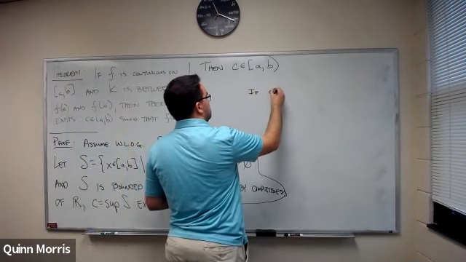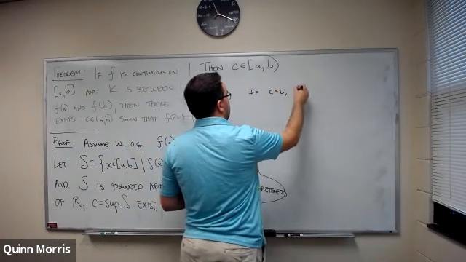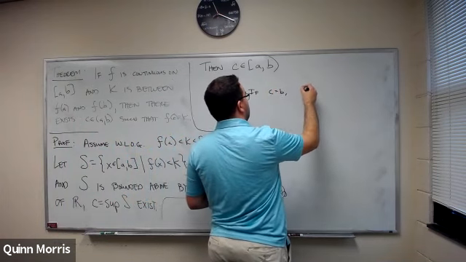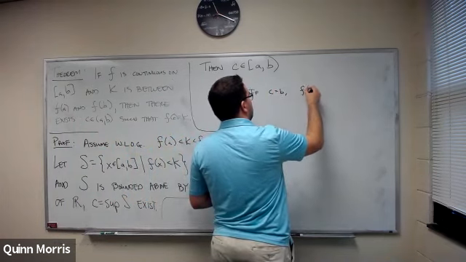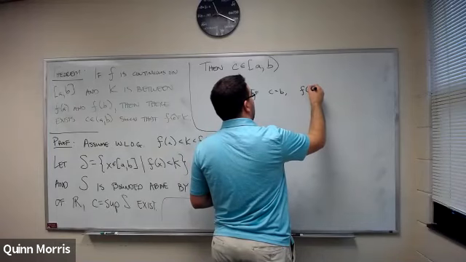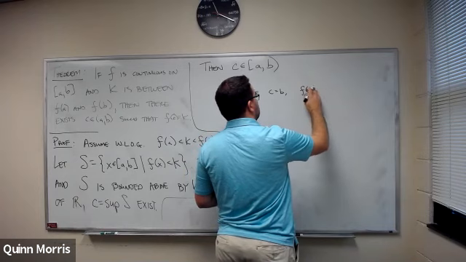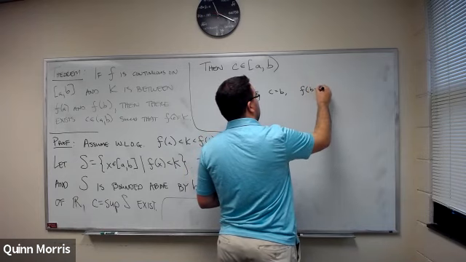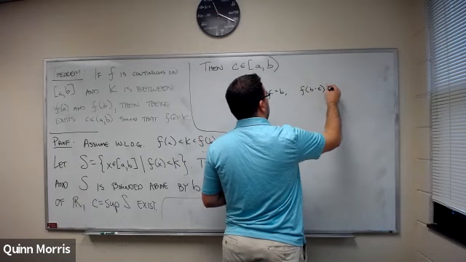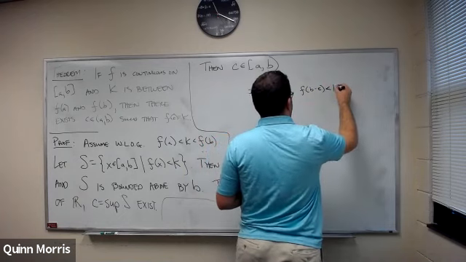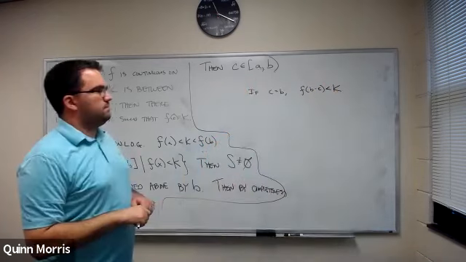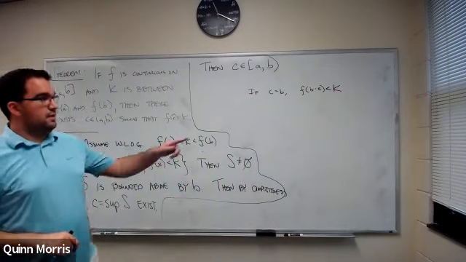If C was equal to B, then f of B minus some small number would have to be less than K. Okay, actually minus any small number.